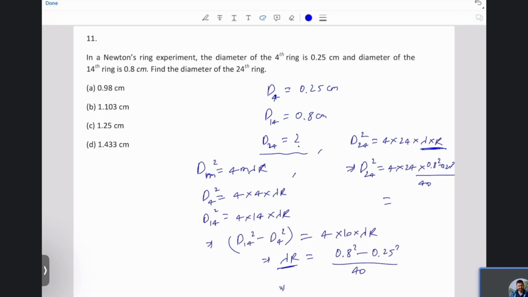And if you calculate this, d24 square, you will get 1.2175. So the diameter will be just the square root of this, which is 1.03 centimeter. Correct?